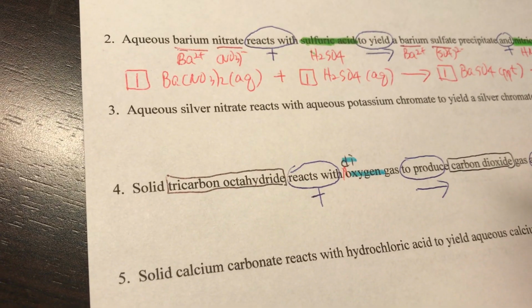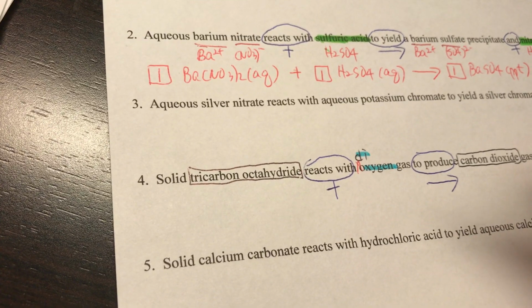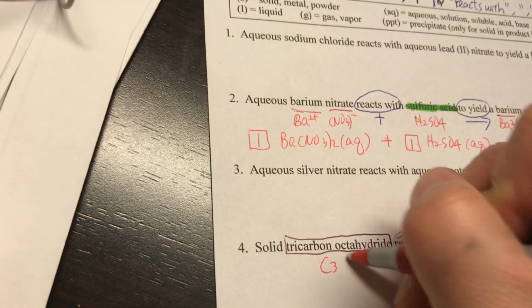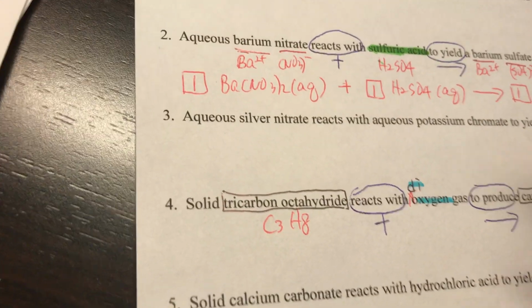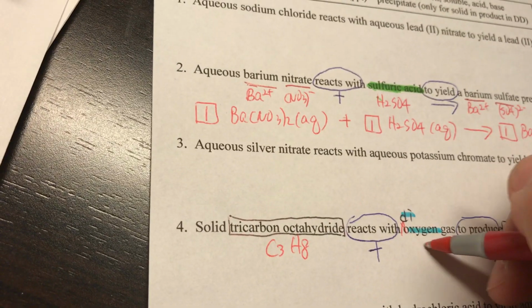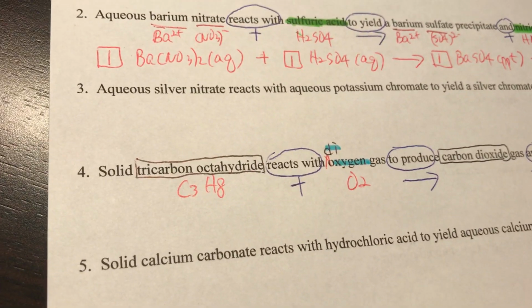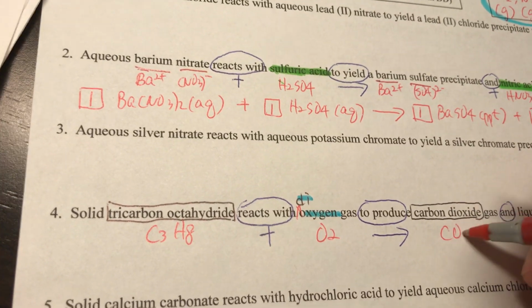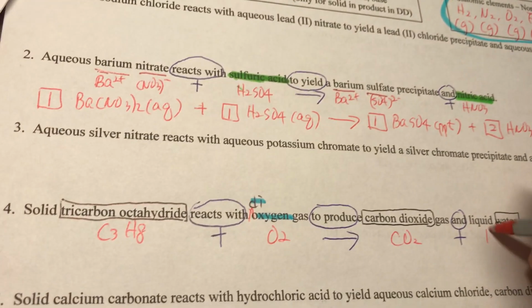Tricarbon octahydride, so this one is C3H8. Okay, oxygen gas. So even though I did not tell you di, if I say oxygen gas, you should know that it's O2 because it's diatomic. You cannot just write O. CO2, carbon dioxide, CO2. Liquid water, just write H2O.